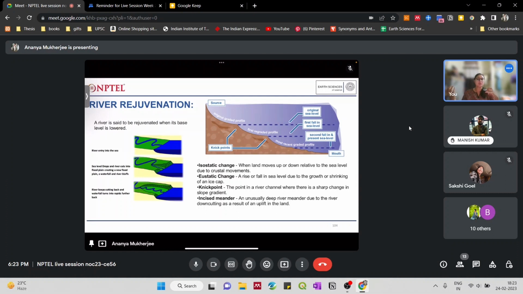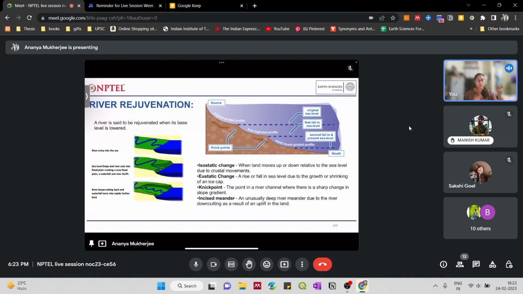Okay, so it's flowing. There is no new stream formation, or there is not much land being exposed for a newer landform to form. So a river will be said to be rejuvenating when the base level is lowered compared to the sea level.